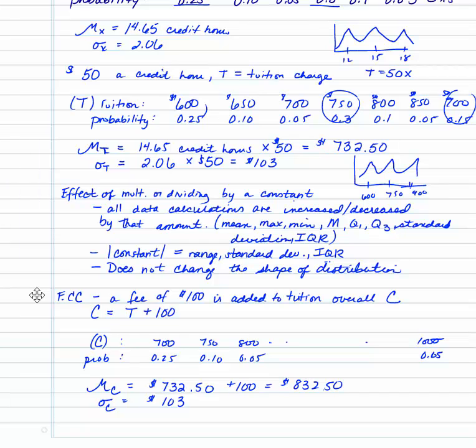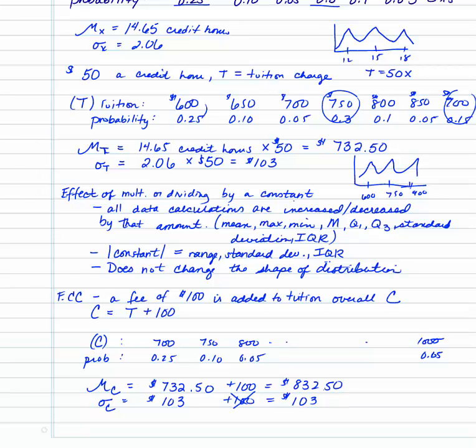I don't think we would be adding $100 to it. I think your standard deviation would actually remain the same, because when you think about it, everybody's being affected by that $100. So the difference between everybody is not going to be give or take $200 between them. Seems to me it would stay $103.